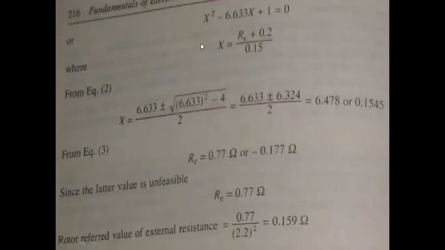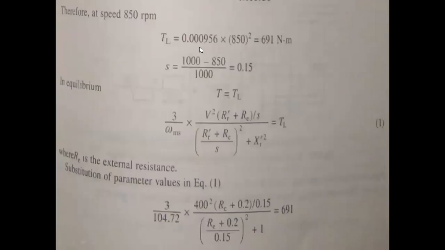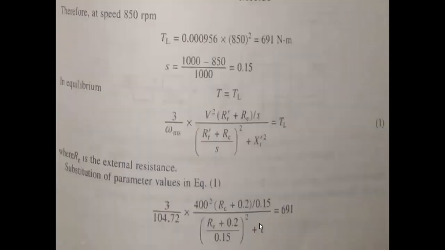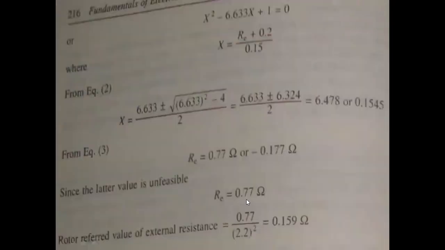So you are getting this, or we can write this equation like this, x square, or simply we can directly write the value of RE like this. From this we can find out directly the value of RE without those x's, because the RE term is the only term we have to know. So finally you will get RE as 0.77.